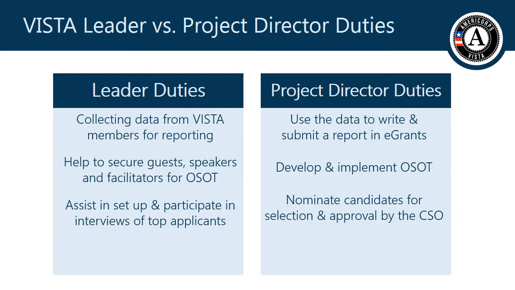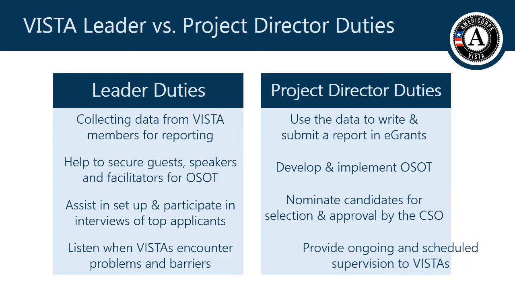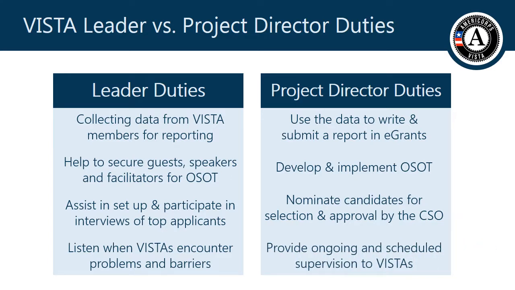And finally, in relation to supporting VISTA members' success, VISTA leaders can listen and provide advice when VISTAs encounter problems and barriers, while VISTA project directors are required to provide ongoing and scheduled supervision to VISTAs. Overall, VISTA leaders are meant to provide support to the VISTA project, while VISTA project directors are responsible for overseeing or supervising the VISTA project.